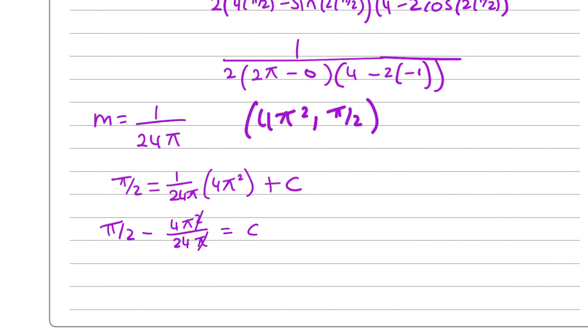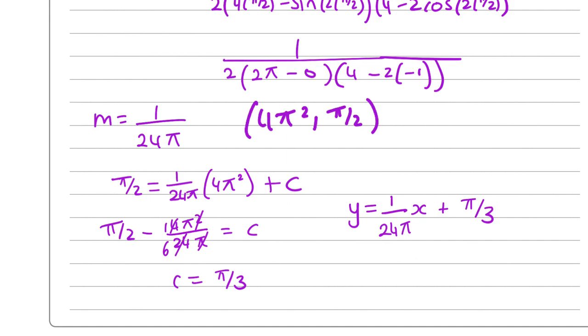Okay, 1 over 6. So pi over 2 minus pi over 6, which is a third pi. So c equals pi over 3. So I get y equals 1 over 24 pi x plus pi over 3.